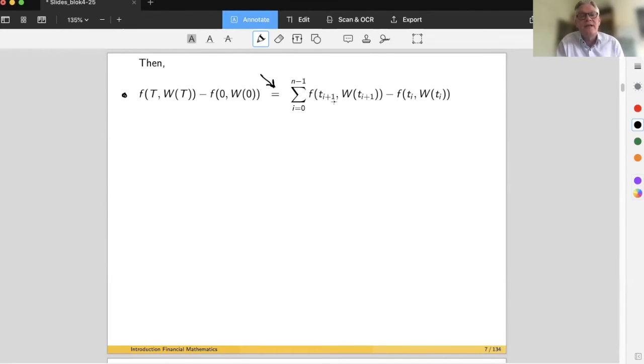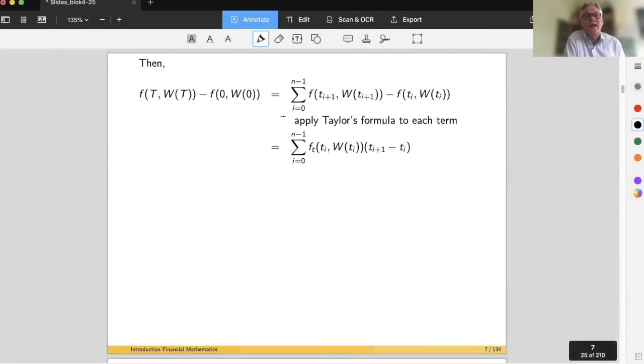But now with this right-hand side, we can apply the Taylor expansion. So we are in a little time instance, a little difference from t_i to t_{i+1} and W_{t_i} to W_{t_{i+1}}. So what we can do now is apply the Taylor formula to each term in the right-hand side.